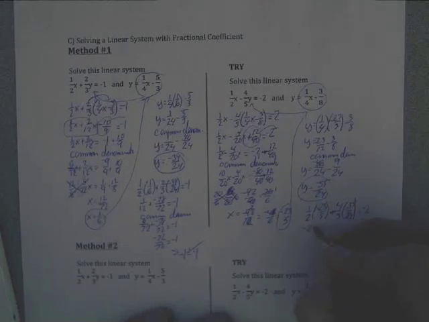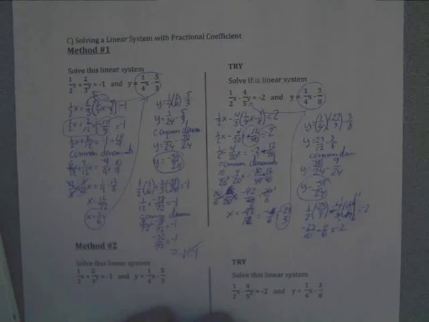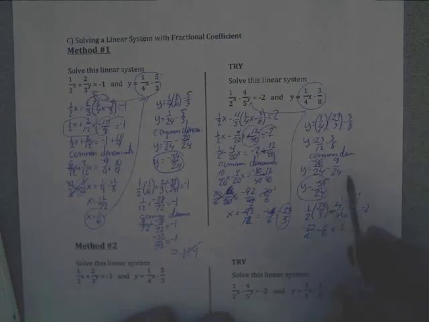Here I get negative 23 over 6. 5 goes in there once, 5 goes into 55 eleven times, 4 goes in there once, 4 goes into 24 six times. So here I get 11 over 6 is equal to negative 2. I'll do that right.